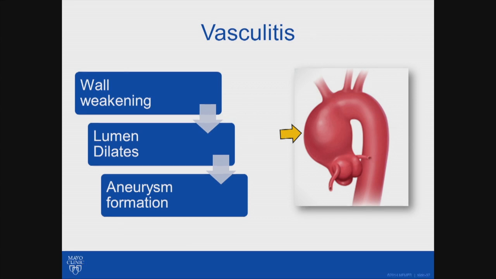And an aneurysm can be prone to tearing or rupture, which is of course a medical emergency. So we want to try to look for this complication, which can happen in up to about a third of individuals with GCA. We want to look for this and pick it up before it enlarges to the point that it may tear.